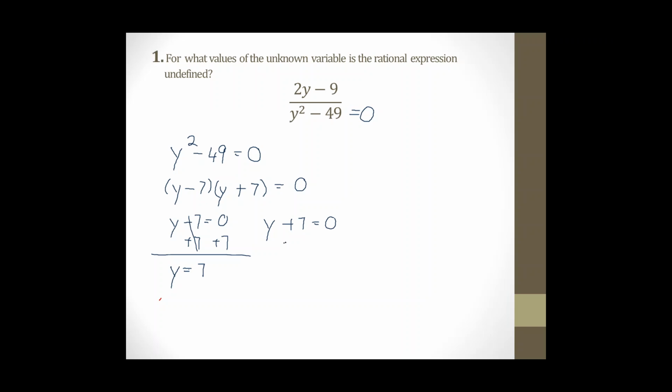On the other side, I subtract 7 from both sides, so y is equal to negative 7. If you look at your study packet, that should be answer choice B.